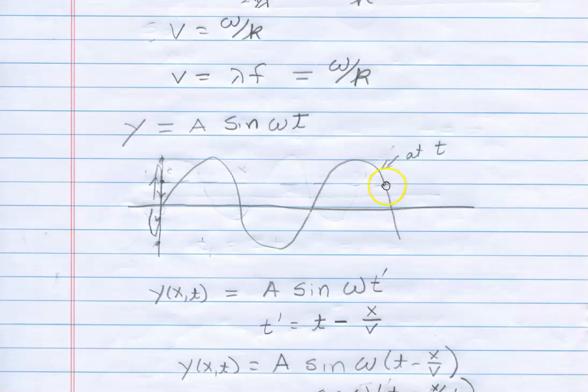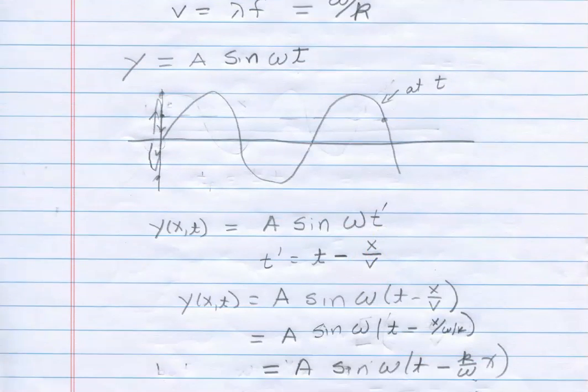So it's not at time t that I have to get the position of the oscillator, but at an earlier time by the distance that it travels. This total distance is x, divided by the speed of the wave, which is v.